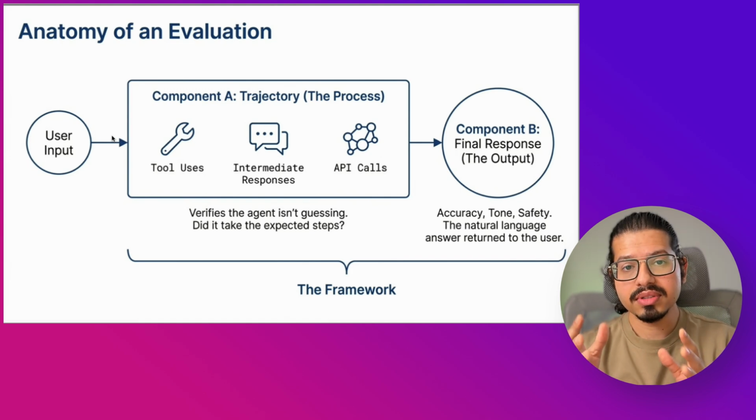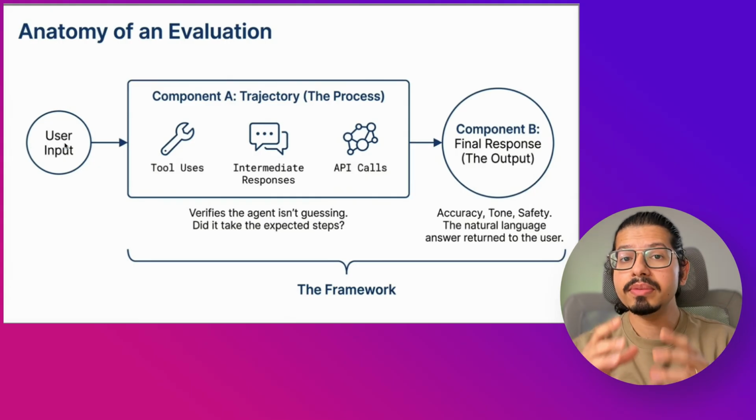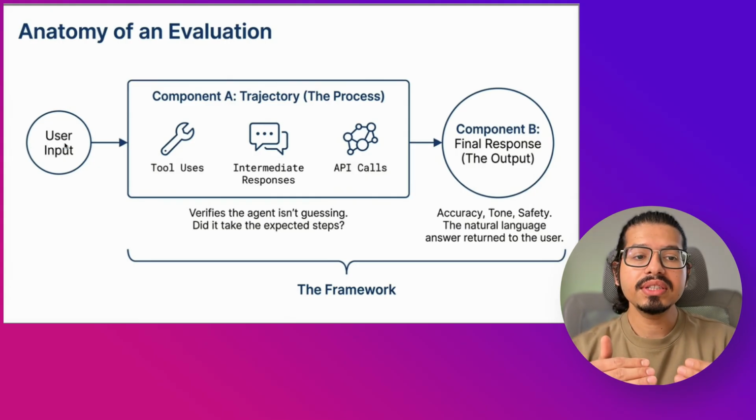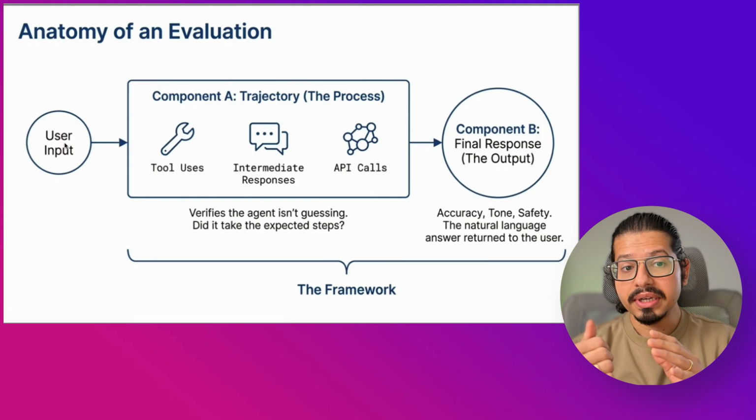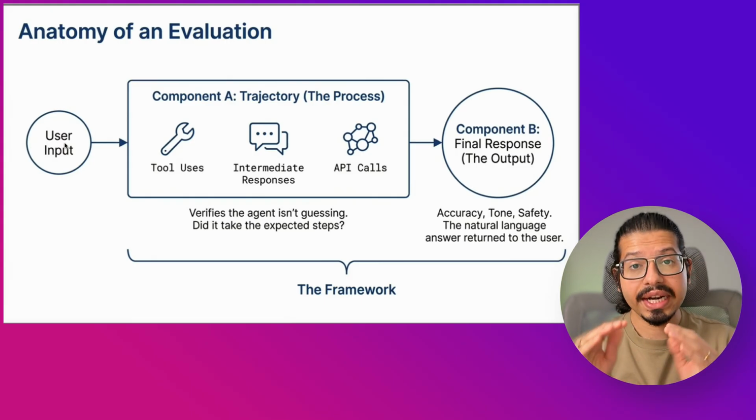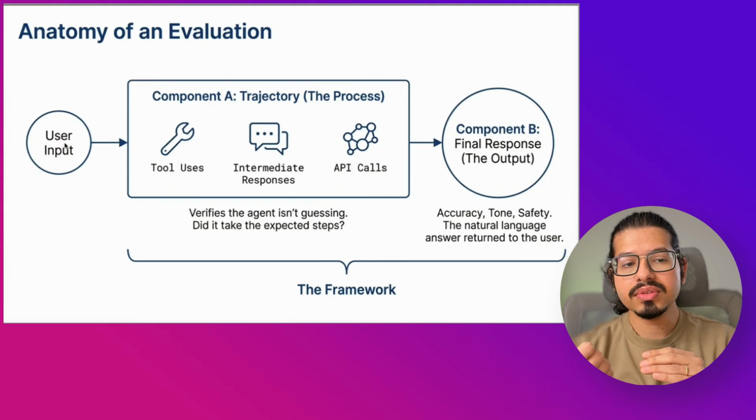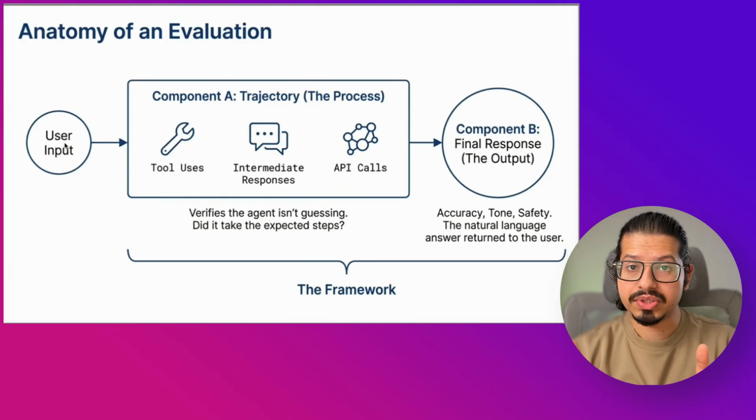The final response includes accuracy, tone, and safety. This separation actually matters because an agent can return a correct answer, but it may skip the required steps. On the other hand, it can follow the right workflow, but produce an unsafe message or an incorrect message. So evaluation in ADK treats these as separate measurable dimensions.